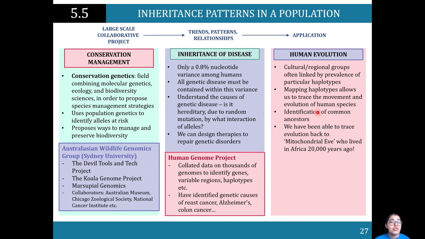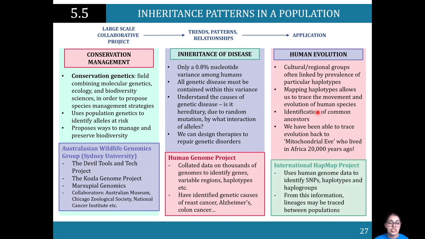We've actually been able to do that to determine the origins of mitochondrial Eve, who we said lived in Africa 20,000 years ago. That is part of the International HapMap project, which uses human genome data to identify SNPs, haplotypes, and haplogroups, so groups essentially of similar genetic constitutions. From this information we can trace back lineage.